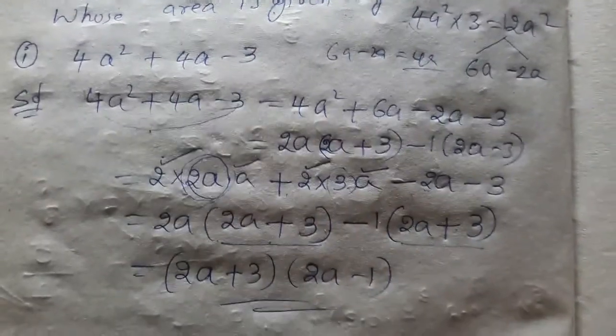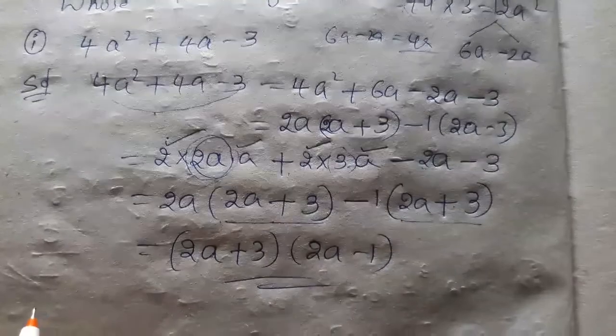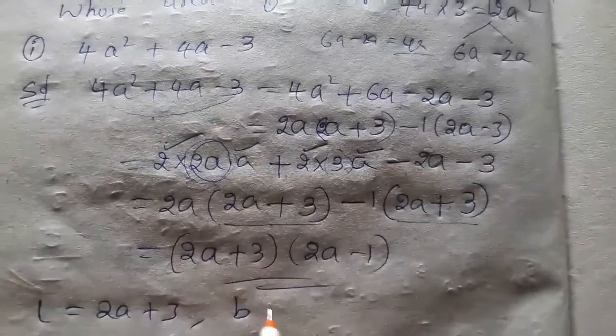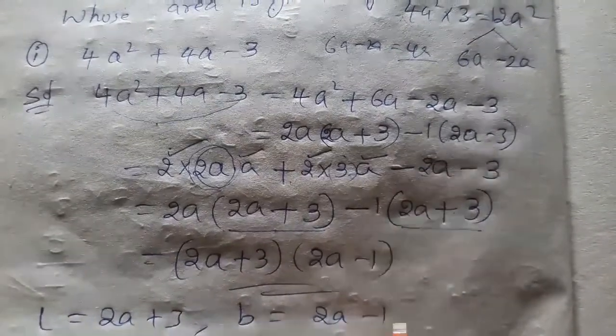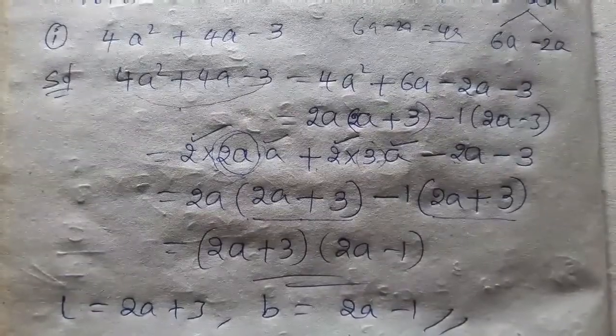So these two are the length and breadth of the rectangle. So length equals 2a plus 3 and breadth equals 2a minus 1. Now move to the next one.